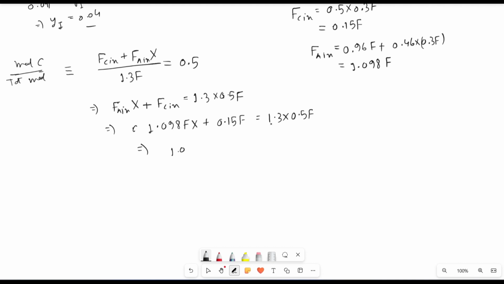We have a simple expression relating X and numerical constants. So X is equal to 1.3 times 0.5 minus 0.15, divided by 1.098.